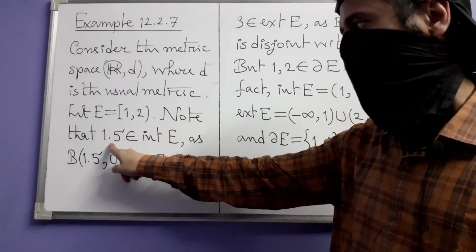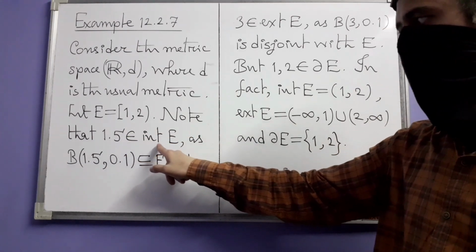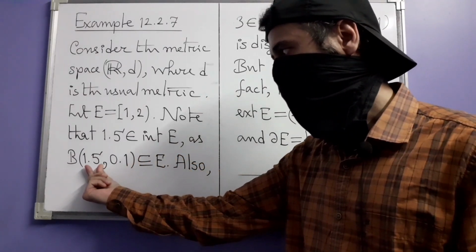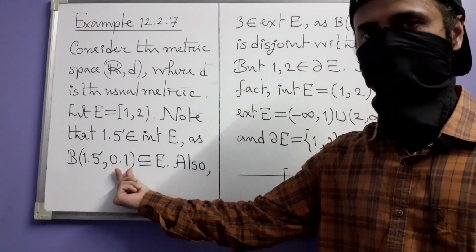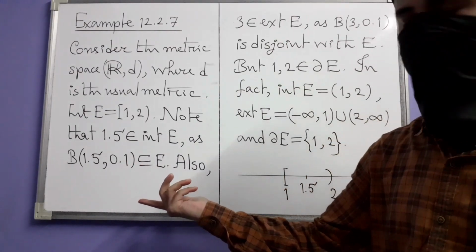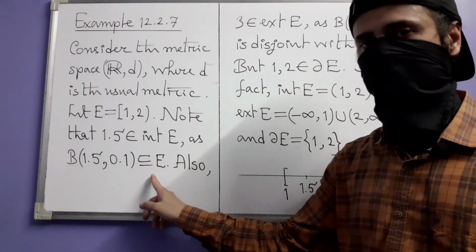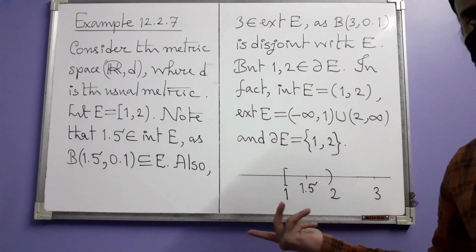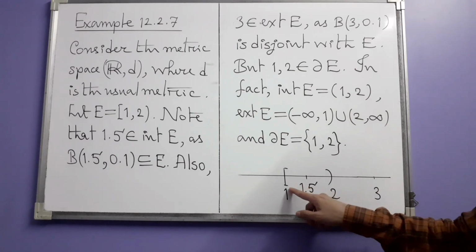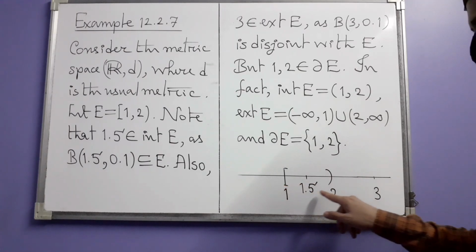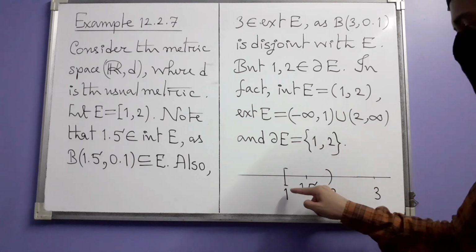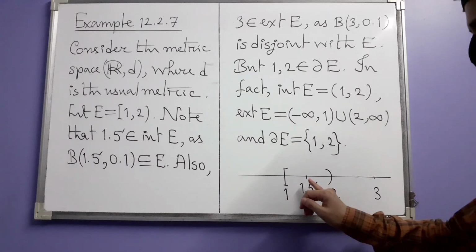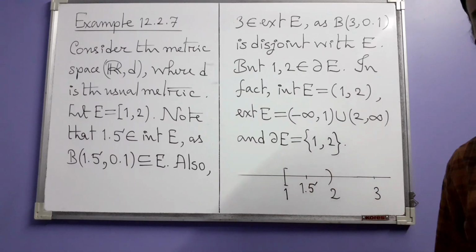So you note this one first. 1.5 is an interior point of E because the ball centered at 1.5 and having radius 0.1, a positive real number of course, is entirely contained in E. Luckily, in this case, we can draw this simple diagram, our usual real line, in which you can clearly see what the set E is, this half open interval. In this interval, 1 is there, but 2 is not there. And the point 1.5 sits in the middle.